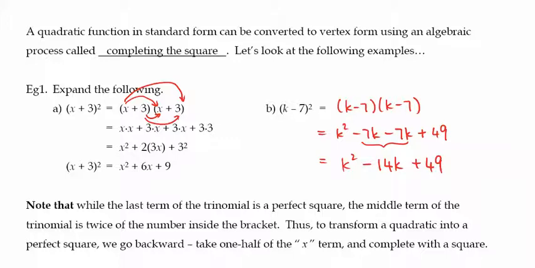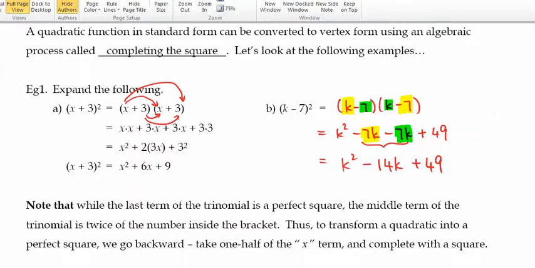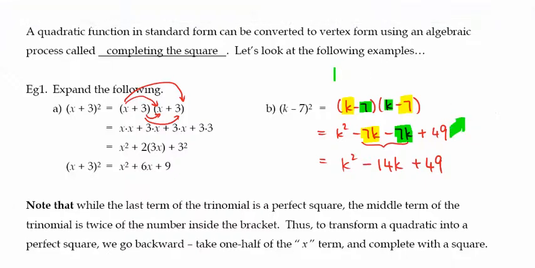And then for the middle term, you can see how the outside multiplied to give us 7k, and then the inside, when you multiply them together, give us the same value again. And the last term, 49, is technically 7 squared.